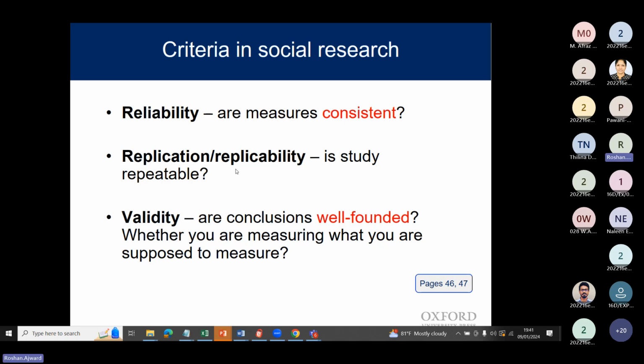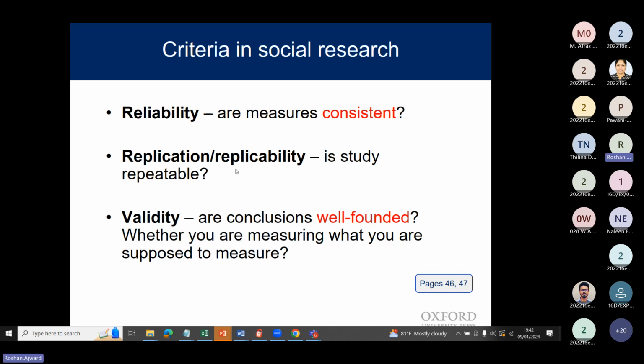Now, can you repeat that study in Sri Lanka? What do you think? A study was done in Bangladesh, and my question is, can you repeat the study in Sri Lanka? Can you use the same questionnaire and ask here whether the accountants are happy or satisfied or not? Can or can't? You can, isn't it?